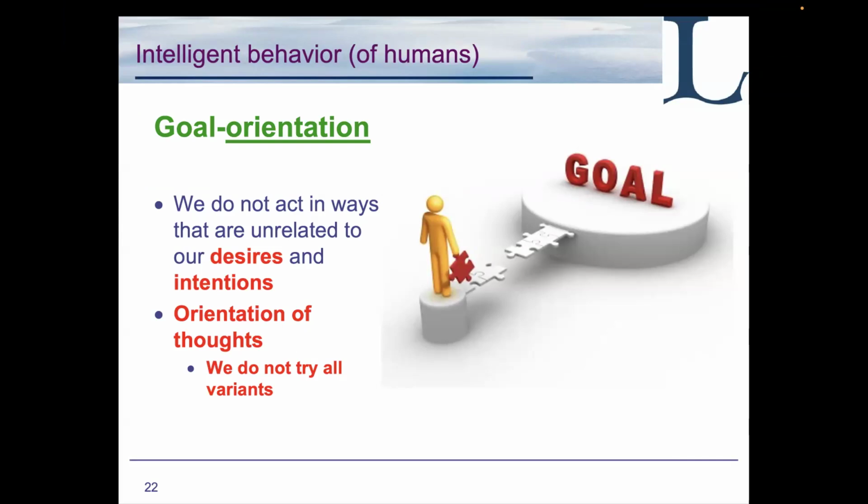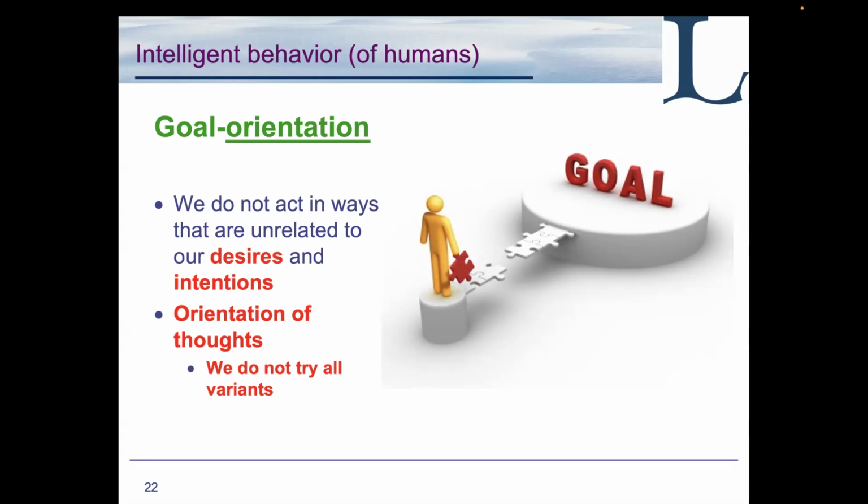But nevertheless, intelligent behavior, so behavior of biological intelligent agents, humans or mammals or even insects. There are several essential behaviors that define cognitive abilities.